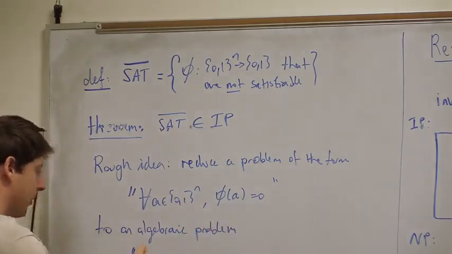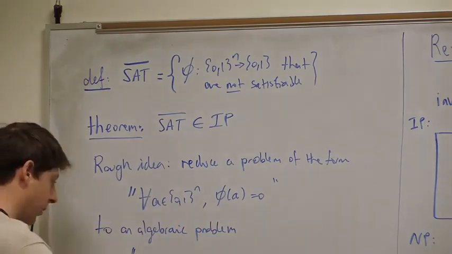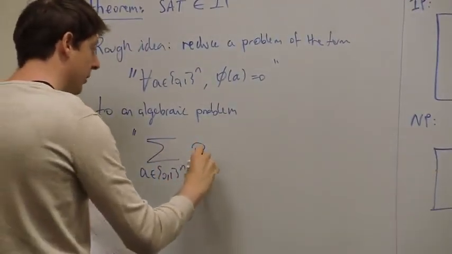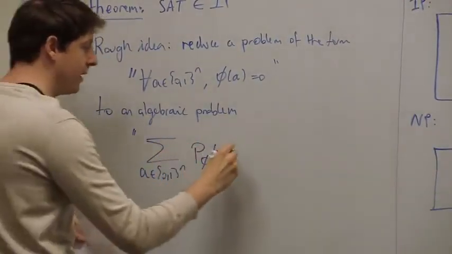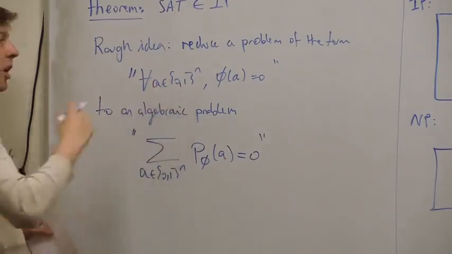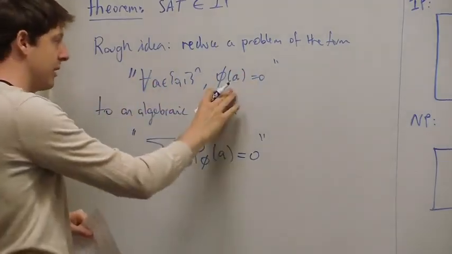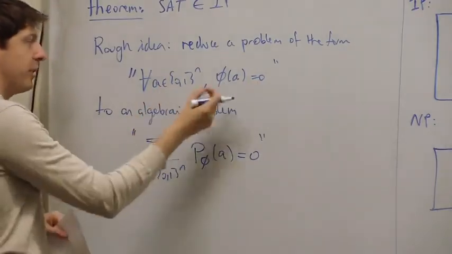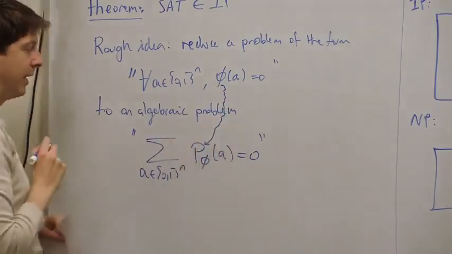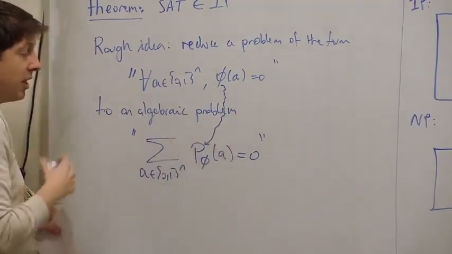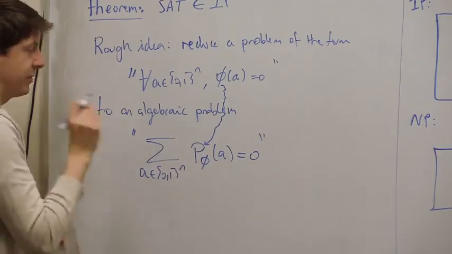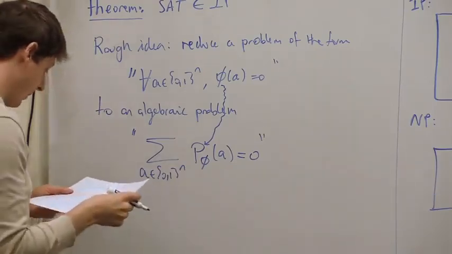Let's look at the sum, over all Boolean inputs, of some polynomial that depends on the formula, and ask whether the sum is 0. We start with the condition that for all possible inputs the formula is unsatisfied, and we cook up from the formula some polynomial P. We ask: is the sum of this polynomial over all Boolean inputs 0?